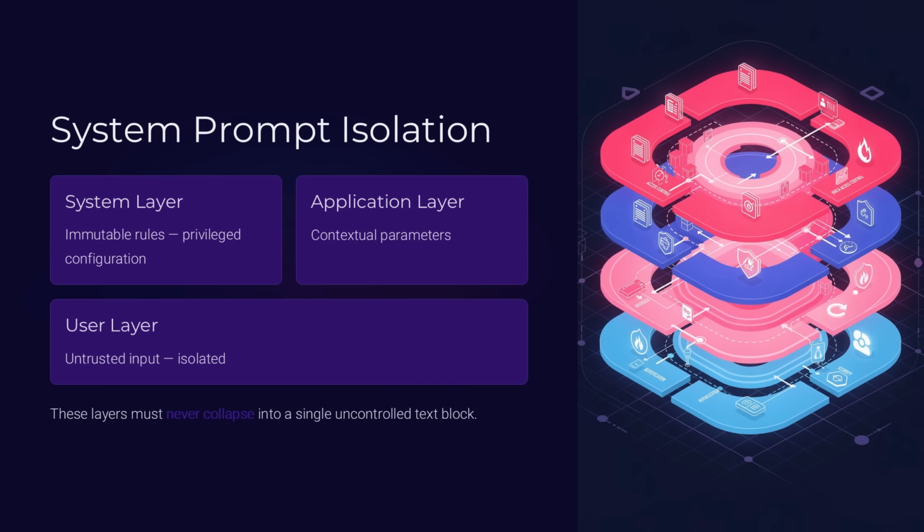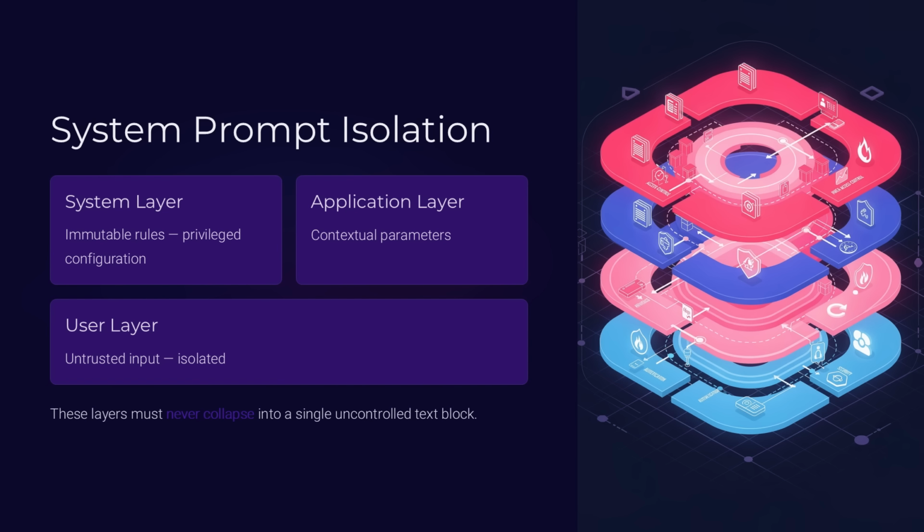The first architectural defense mechanism is system prompt isolation. In many generative artificial intelligence systems, the system prompt contains core instructions that define behavior, constraints, and guardrails. If user input is merged directly with system instructions in an uncontrolled way, prompt injection becomes easier. You must isolate system-level instructions from user input at the architecture level.